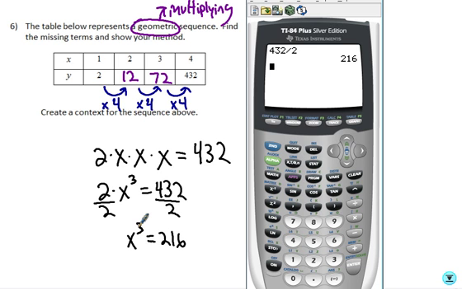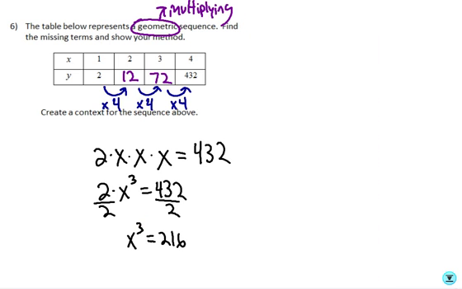Well, if you have something to the 3rd power, the reciprocal of that, or the opposite of that, is raising it to the 1/3 power. Like if I did this to the 1/3. Because what ends up happening, let me write that a little differently. If I did that to the 1/3, these two things kind of end up canceling each other out, and you're left with just x.